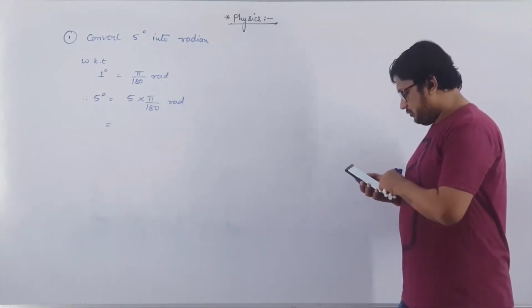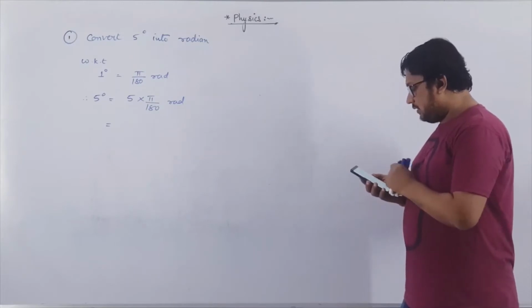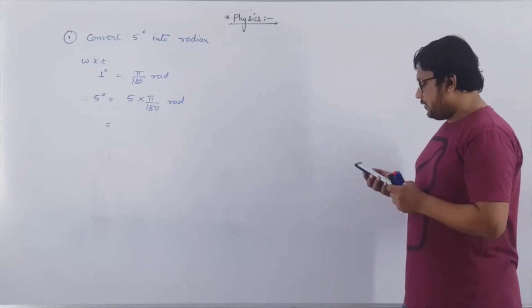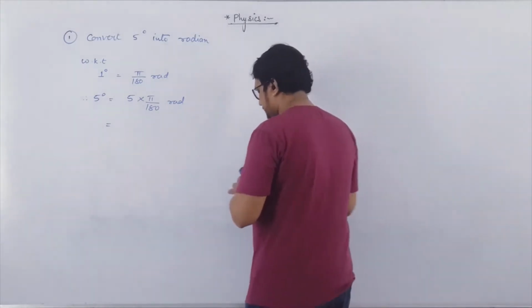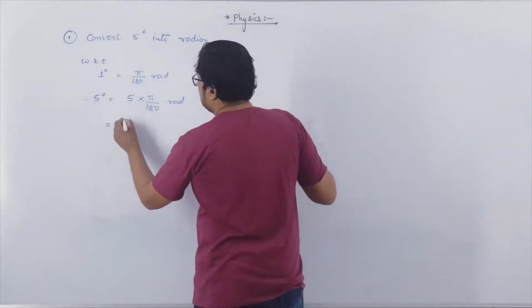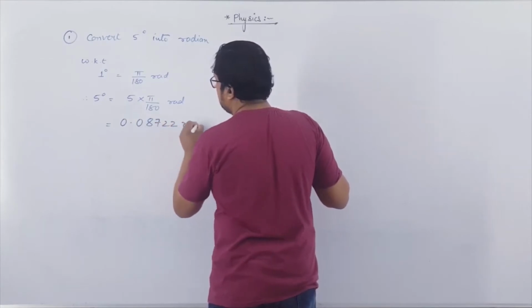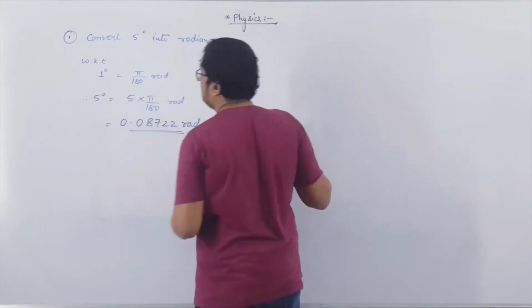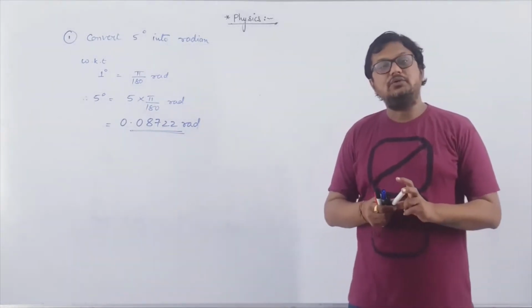So 5 into 3.14 divided by 180 will be 0.08722 radian. This will be the answer of 5 degree into radian. This is how we can convert 5 degree into radian.